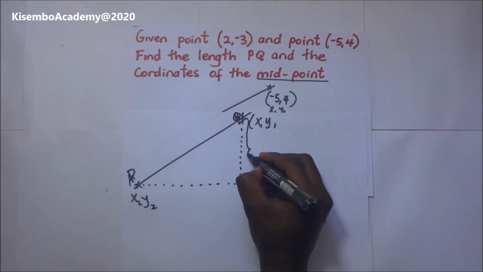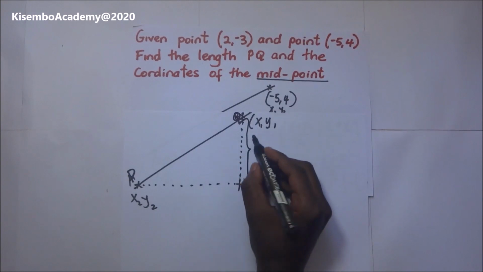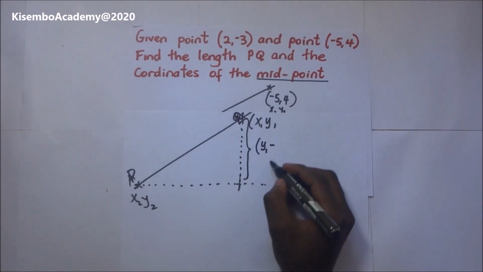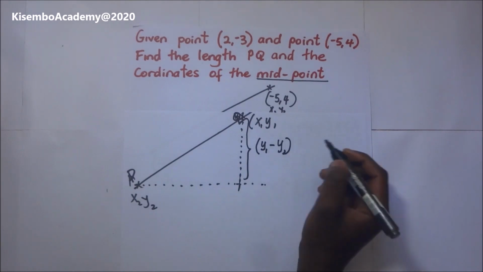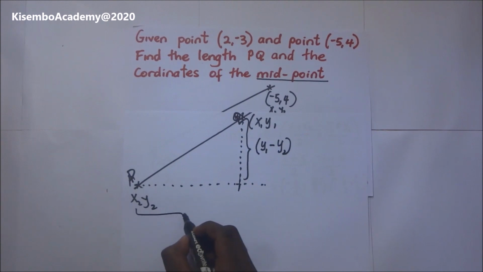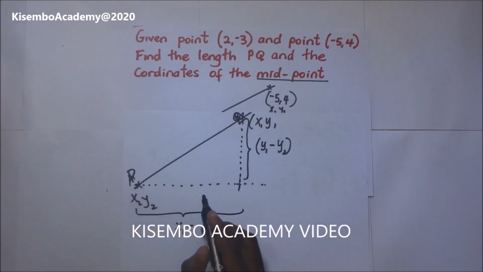To get the length of this side, it's simply going to be y1 minus y2. Then the distance on the x line is going to be x1 minus x2.